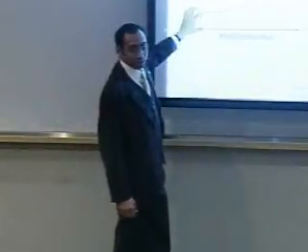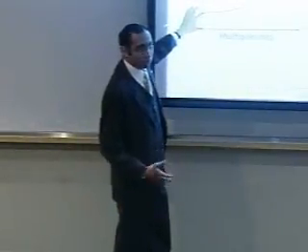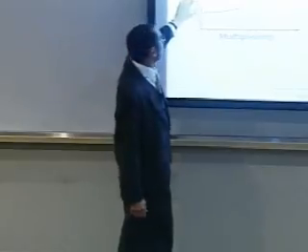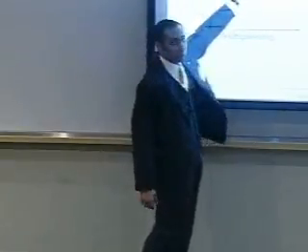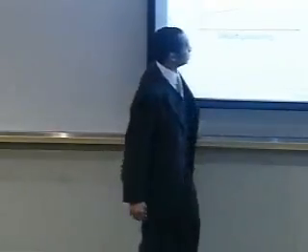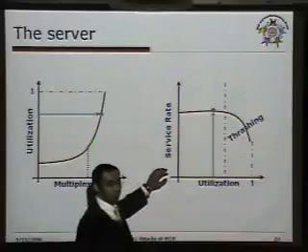So we modeled the server using these two functions. What I'm showing here on the x-axis is the number of requests inside the system. They drive the utilization. For example, when you don't have any requests, there is some background utilization due to some background processes, and you want to operate at some point here. This is your target utilization. On the x-axis here is utilization, and on the y-axis I'm showing the service rate.